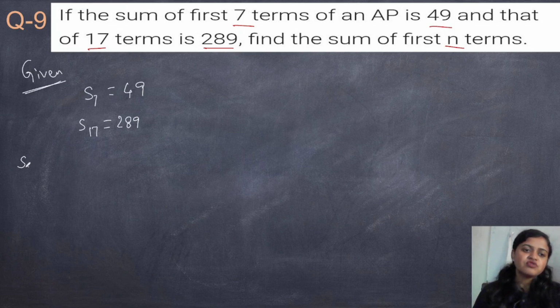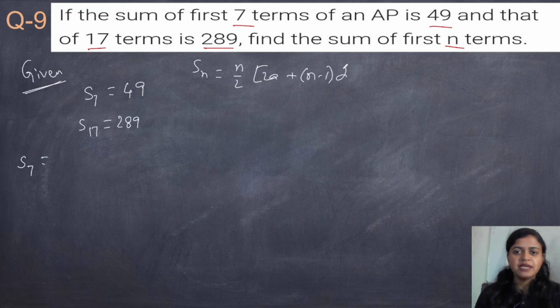From S7 we can write, we know the formula Sn equals n by 2 into 2a plus n minus 1 into d. We are going to apply this formula.